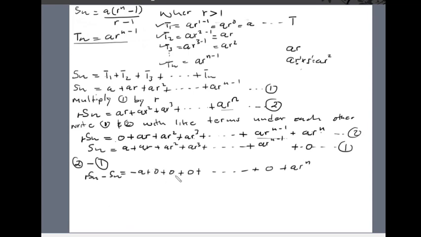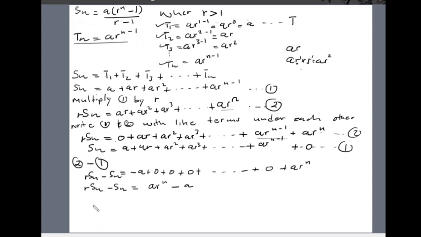So the next step is we just need to simplify this, right? So we'll have rSn minus Sn is equals to 0 plus 0 plus 0 plus 0 is just 0. So here I will have minus a plus ar n, which I can rewrite as ar n minus a, okay?